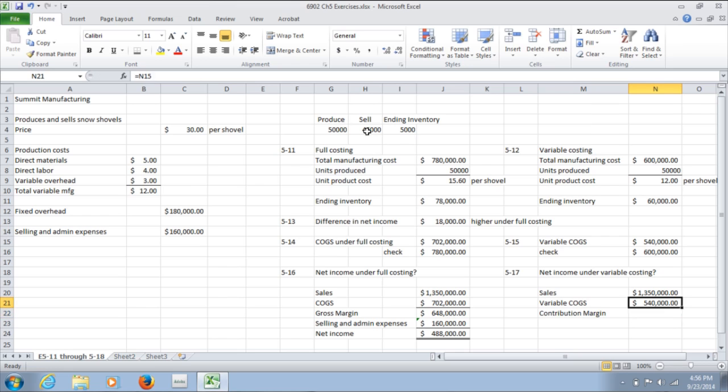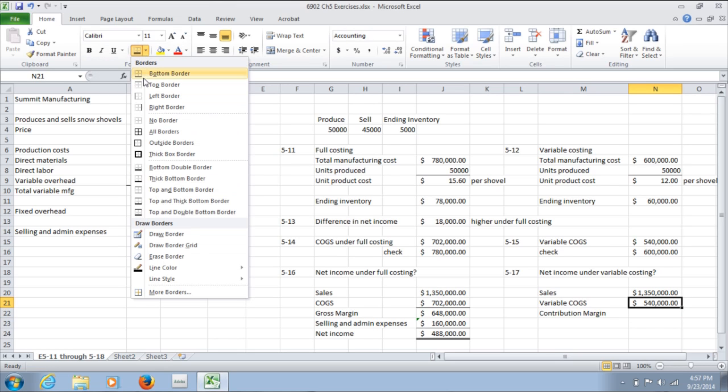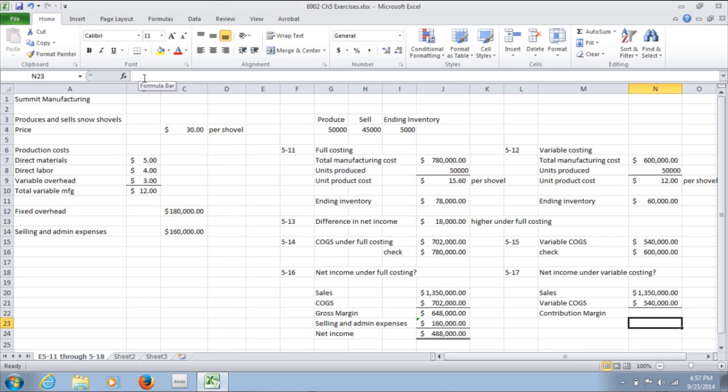So everything above this line, the variable cost and sales, these two items are going to vary on a per shovel basis. So then we can examine how much each unit contributes as we go ahead and do cost volume profit analysis moving forward.